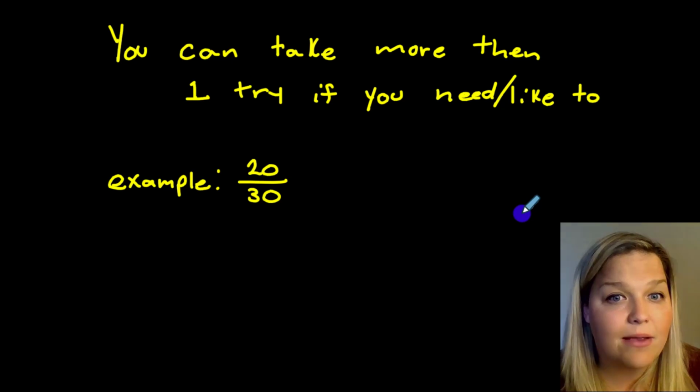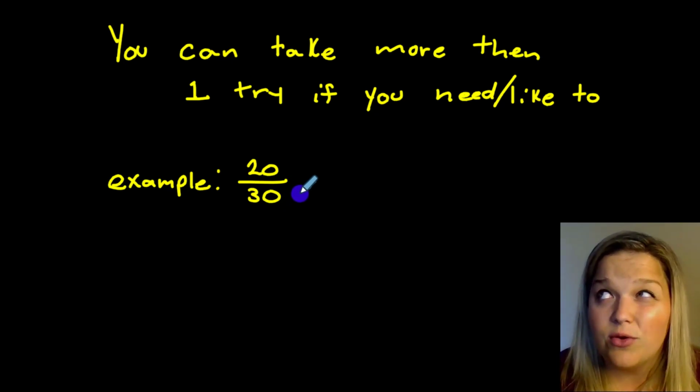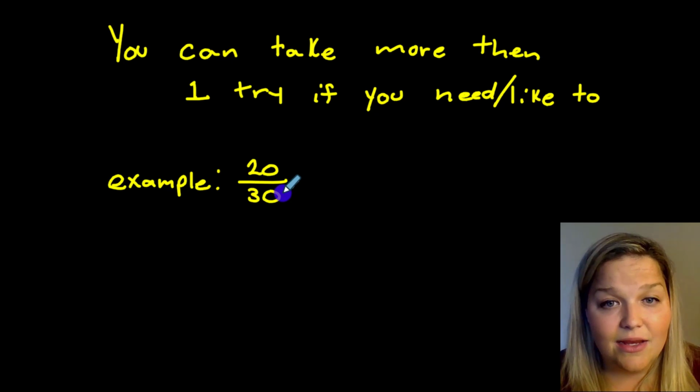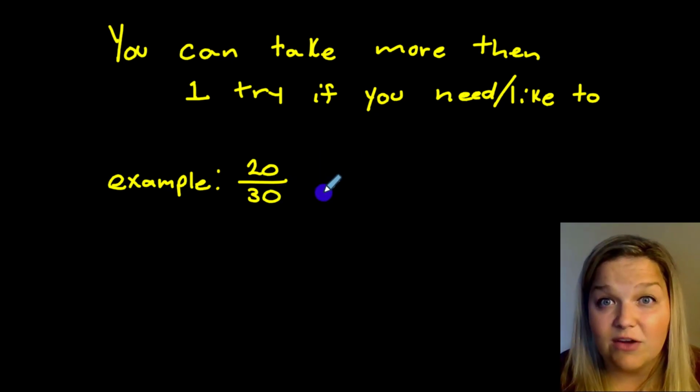It says you can take more than one try if you need to or if you like to. For example, 20 out of 30. Let's think about what the greatest common factor would be. Well, I can see they both end in a 0, and that tells me by my divisibility rules that they can both be divided by 10.